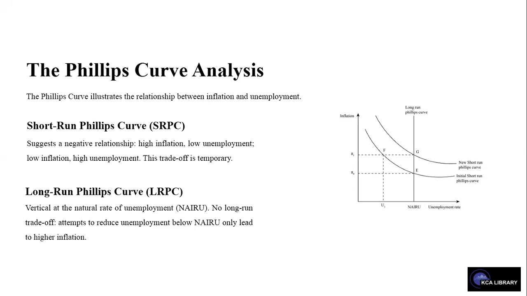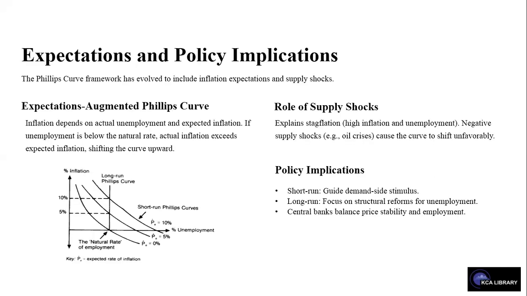This trade-off is temporary, actually. For the long run, the Phillips curve is vertical at the natural rate of unemployment, and no long-run trade-off is seen. An attempt to reduce unemployment below the natural rate only leads to higher inflation. And what are the expectation and policy implications of the Phillips curve?